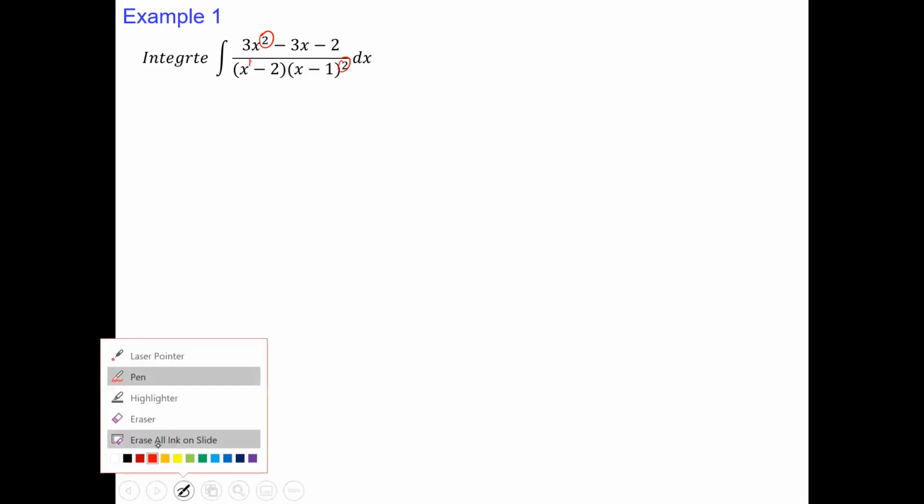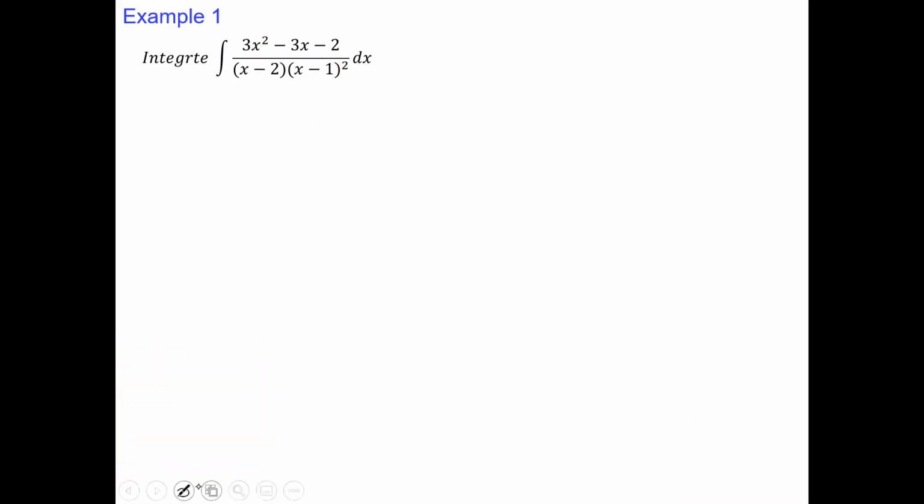That means, first of all, we see that this is squared, this is second degree, this is second and 1. When we distribute, we will get cube. That means it's definitely a proper rational function, because we have to make sure that we have a proper rational function.